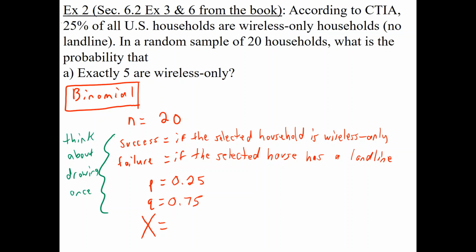Okay, then when it comes to X, you have to again talk about not selecting 1 household, but selecting 20. And what's X going to do? It's going to count how many successes you have. In this case, it's going to count how many households are wireless only out of the 20.